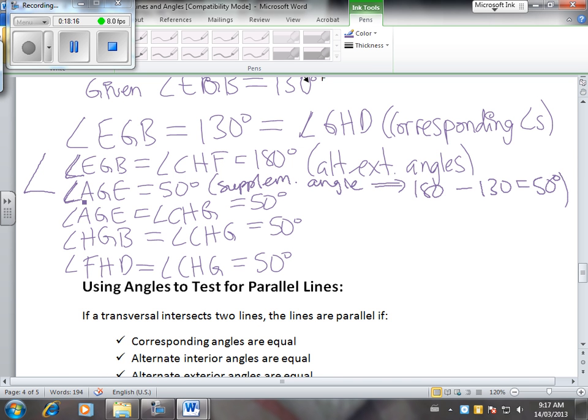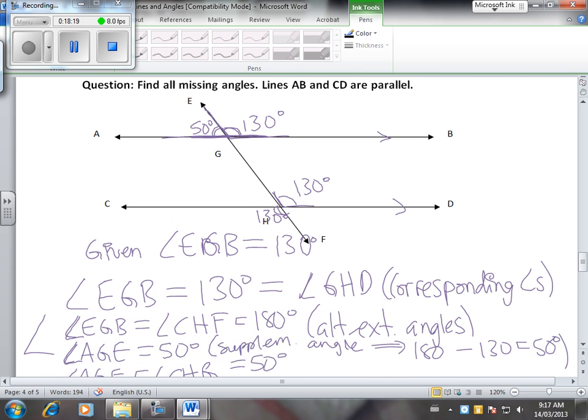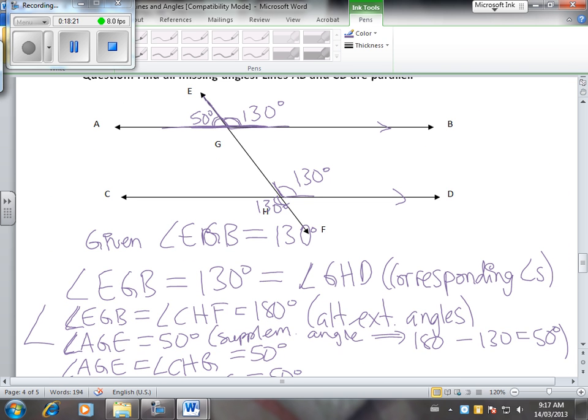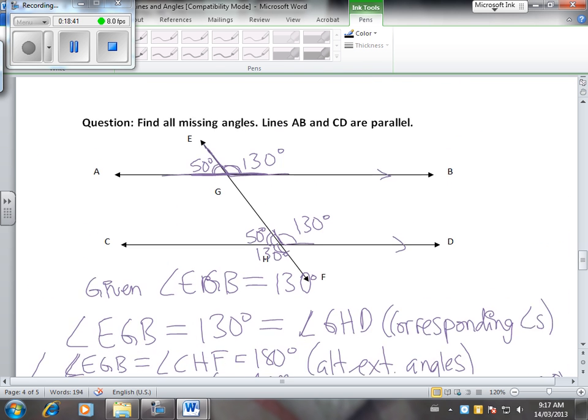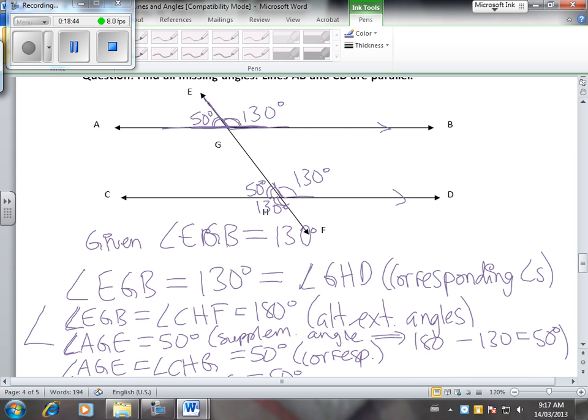Okay, if we look at angle AGE, because it's 50 degrees, angle CHG, so CHG, this one here, is also 50 degrees, because these are corresponding angles. Likewise, if CHG is 50 degrees, HGB, so HGB right here, is 50 degrees.